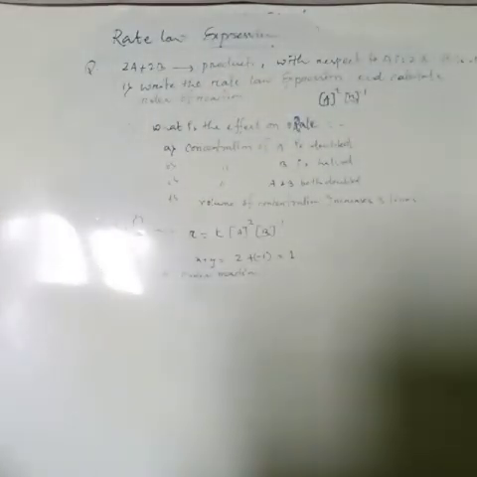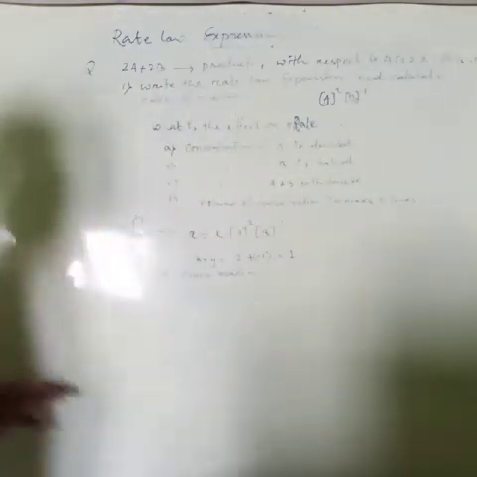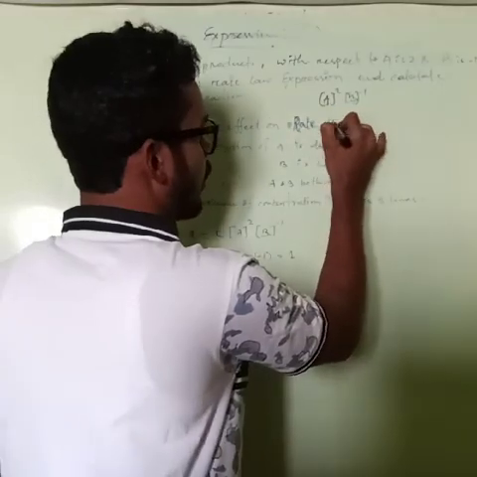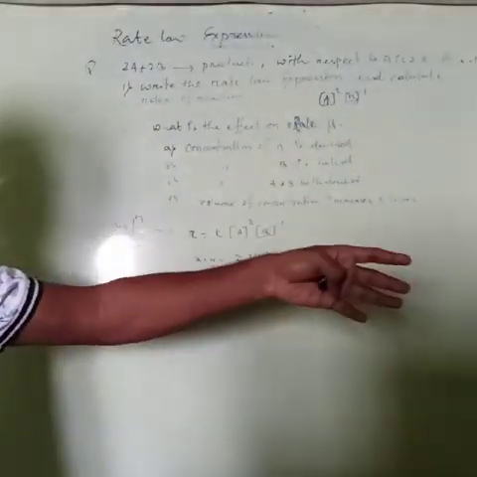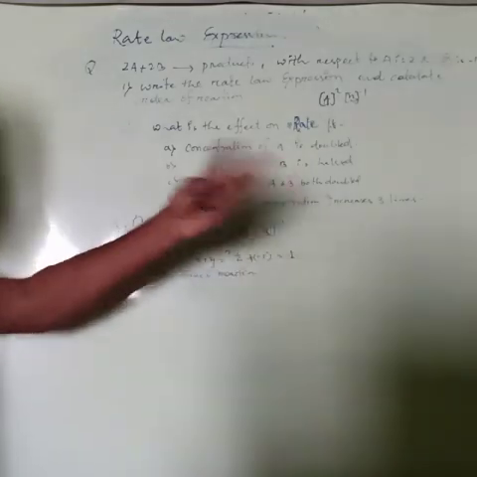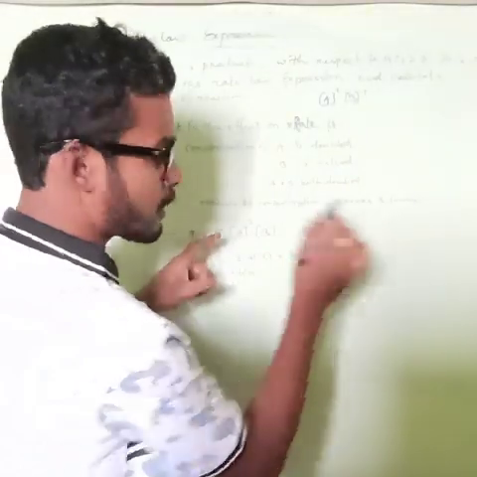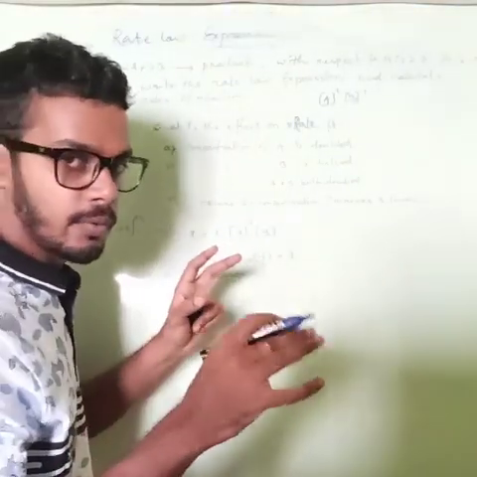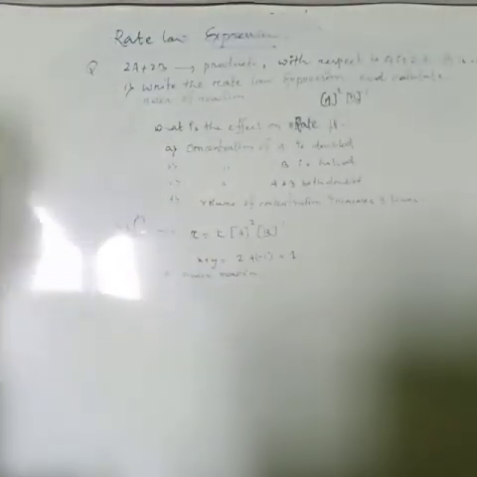Okay, come to the second part. What is the effect on rate if the concentration of A is doubled? Always consider the first reaction as your initial reaction all the time.